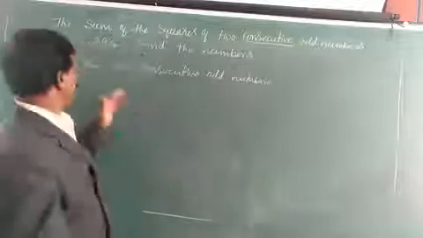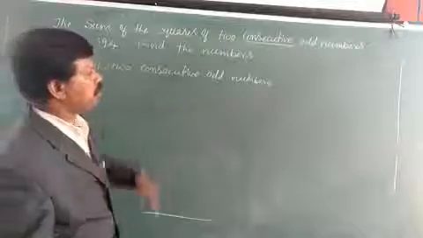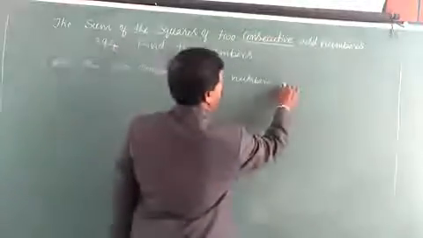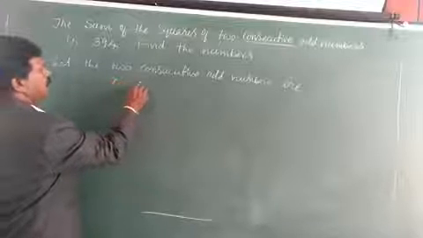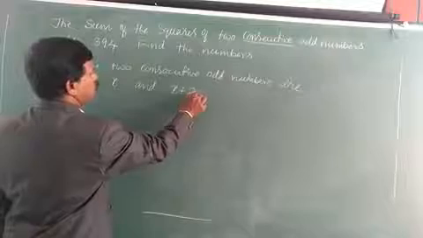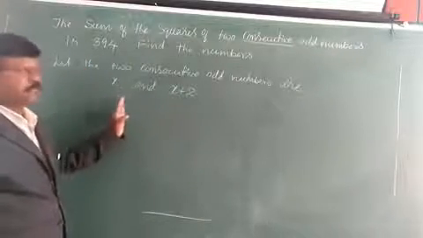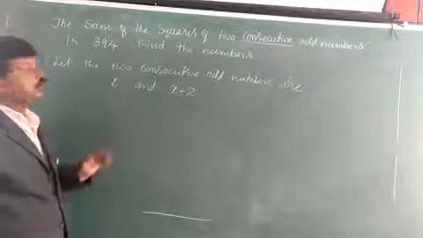Based on that, let the two consecutive odd numbers be x and x plus 2. Two consecutive odd numbers. Clear?